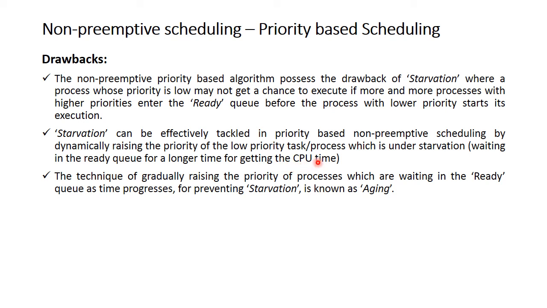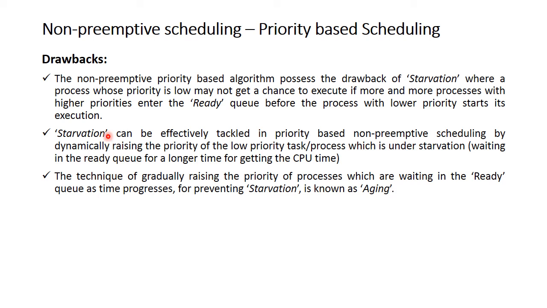So this is called dynamic raising of the priority. The technique of gradually raising the priority of processes which are waiting in the ready queue as time progresses, for preventing starvation, is known as aging. So this process of dynamically changing the priority is called aging.